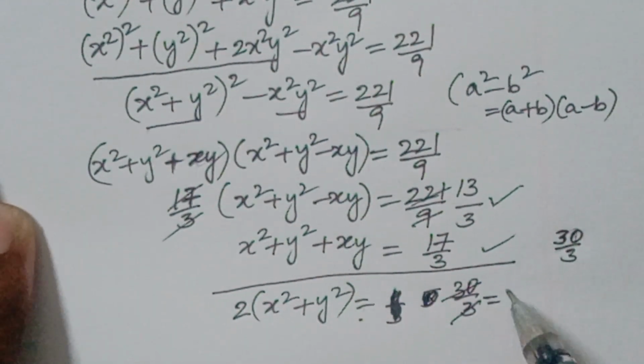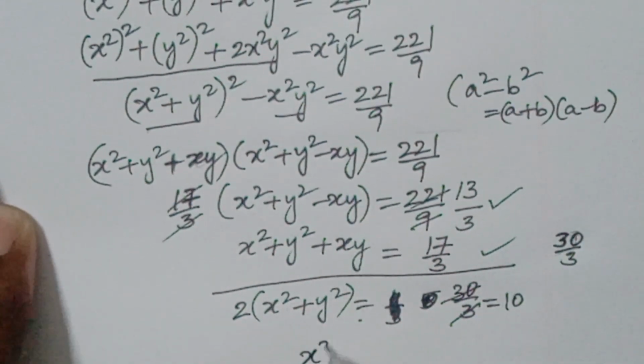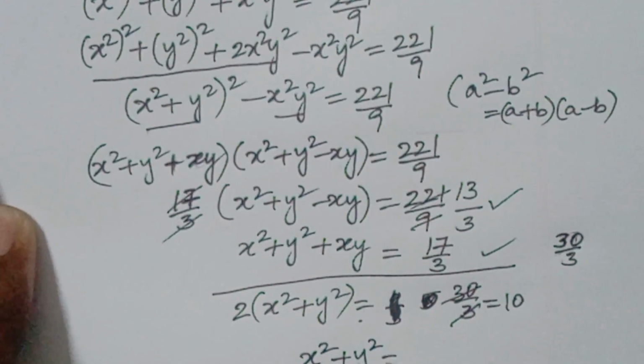So here you'll get 10. So x square plus y square is equal to 5.